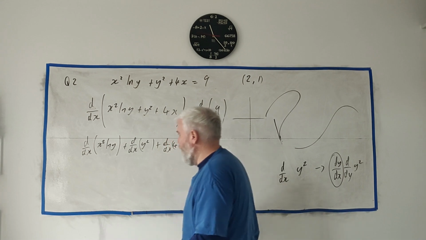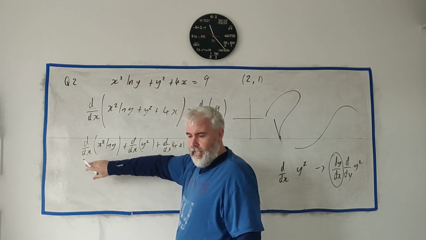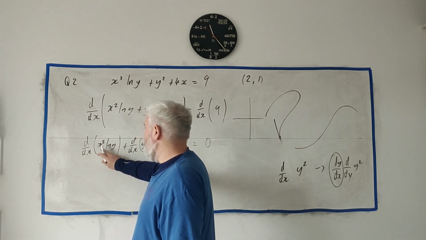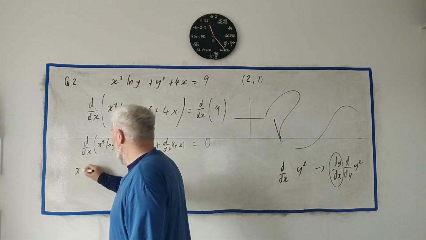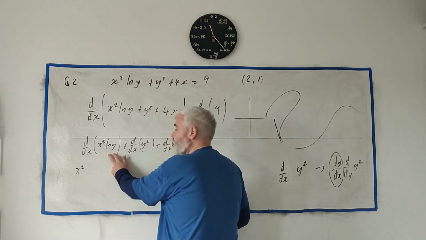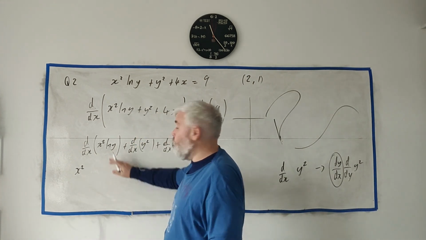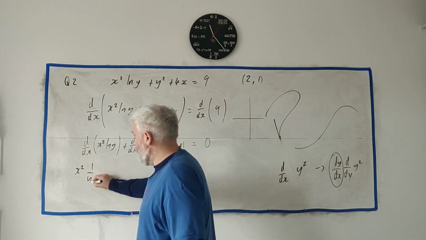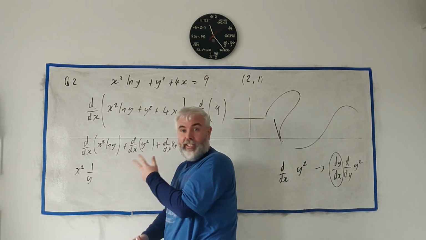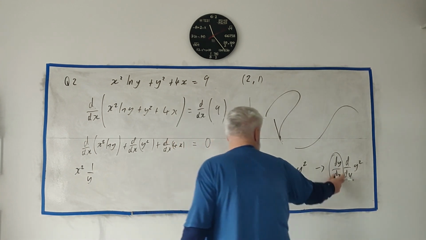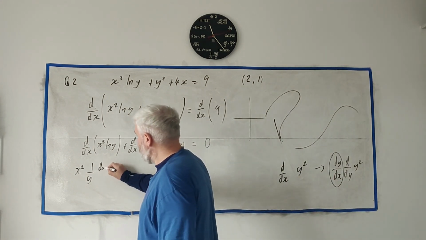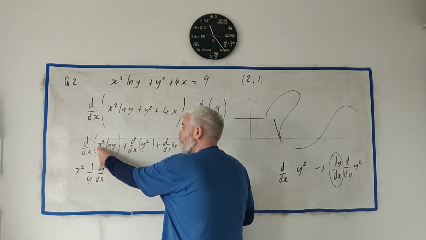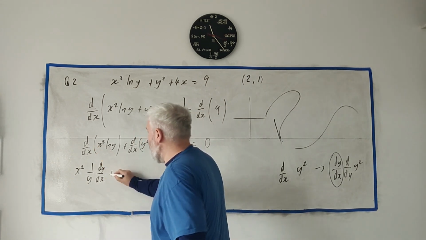Let me start from the beginning actually. This guy is a product rule. There's two terms. So product rule tells us leave the first term alone, x squared, and differentiate the second term. The derivative of natural log of something is 1 over that something. But this was a y, so we did need the chain rule to fix it. So this dy dx will appear here. Then the product rule tells us to differentiate the first term, add this on.